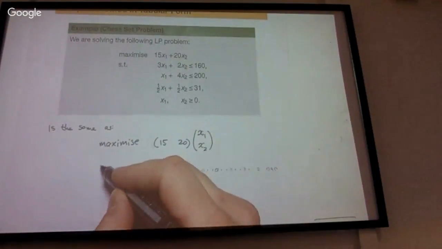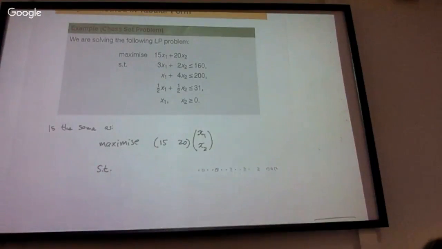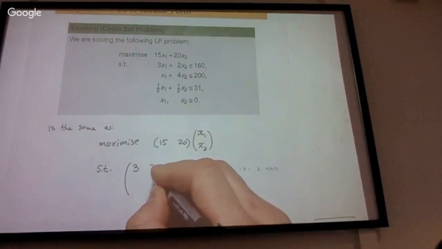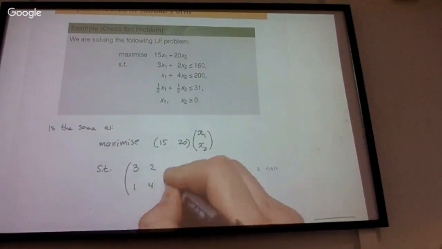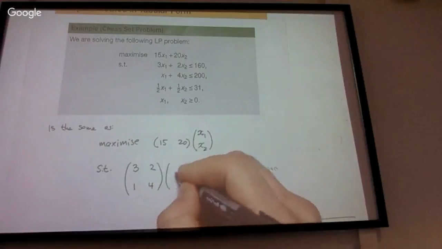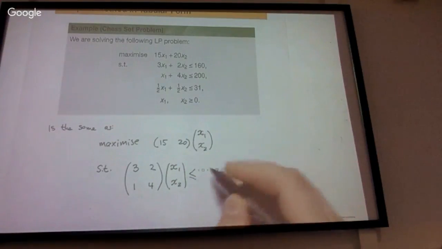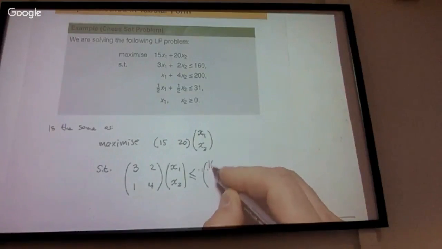And so what are the constraints? I can just write the numbers, 3, 2, 1, 4. Multiply the matrix by x1, x2, and this should be less than or equal to 160 and 200.